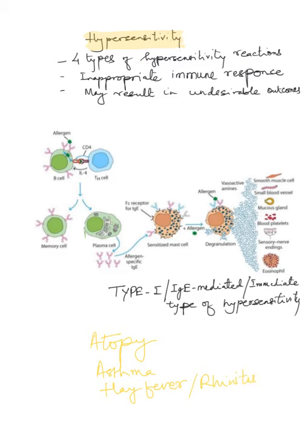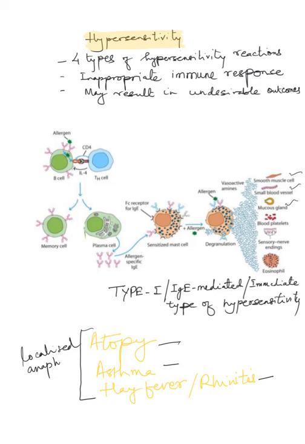So these are all outcomes of these chemical mediators which are released, and they act on different blood vessels and tissues. Depending upon the site, they will cause the different types of disease conditions. And these are local. This is localized anaphylaxis, you may say.